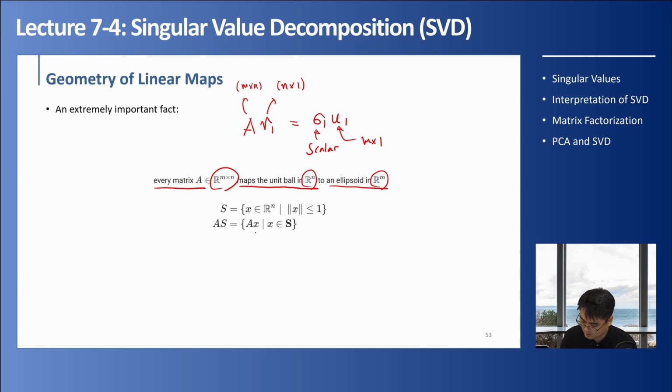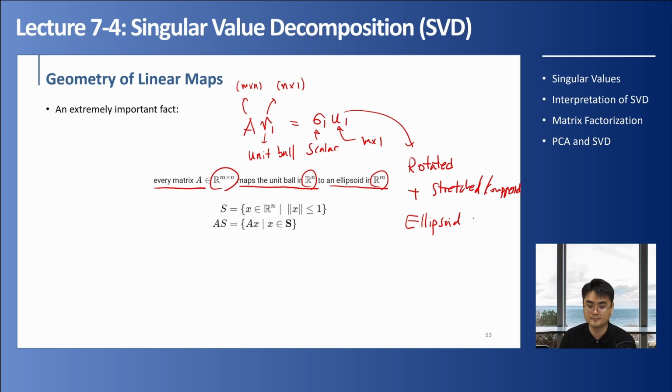So here, this v1 is our unit ball. And what happens here is we're going to have some rotated plus stretched or compressed vector, so it becomes some ellipsoid in Rm.